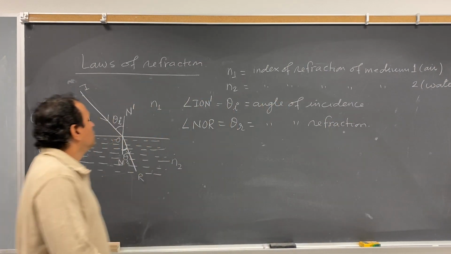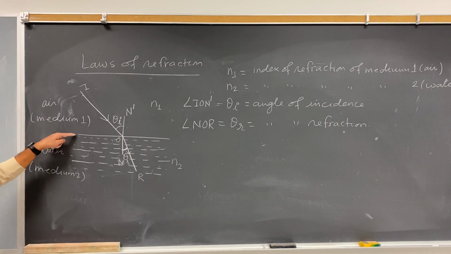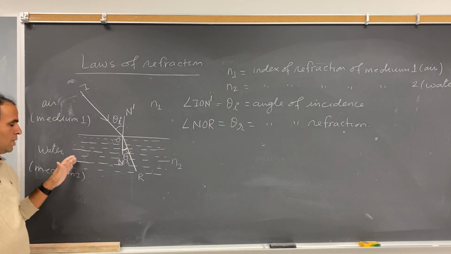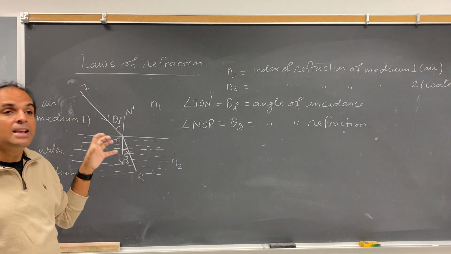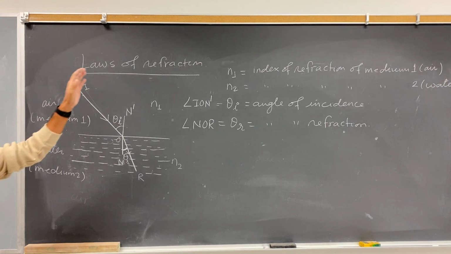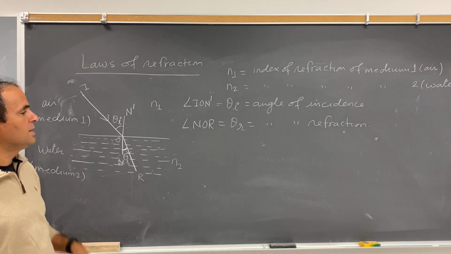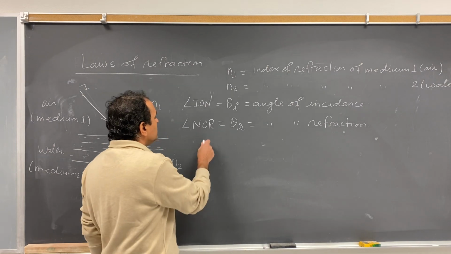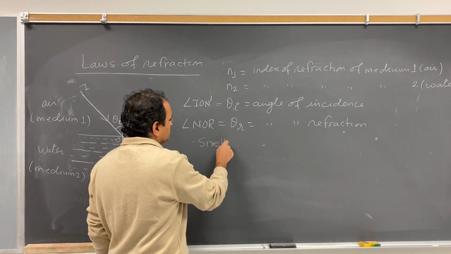Okay, so please know this. And of course this boundary line we also call the interface. So two media, air and water. Air is an optically thin medium and water is an optically thick medium. So you define N1, N2, theta I, theta R. And there is a law of refraction, and the first law we simply call Snell's law.